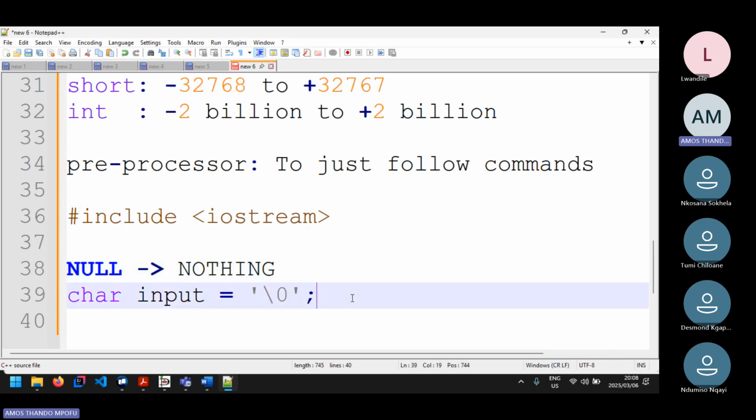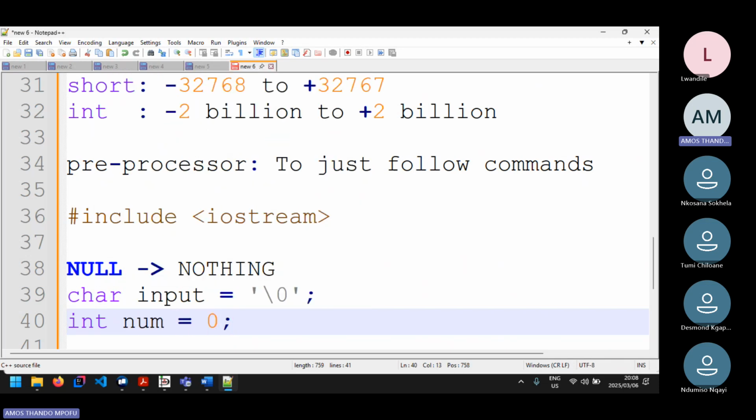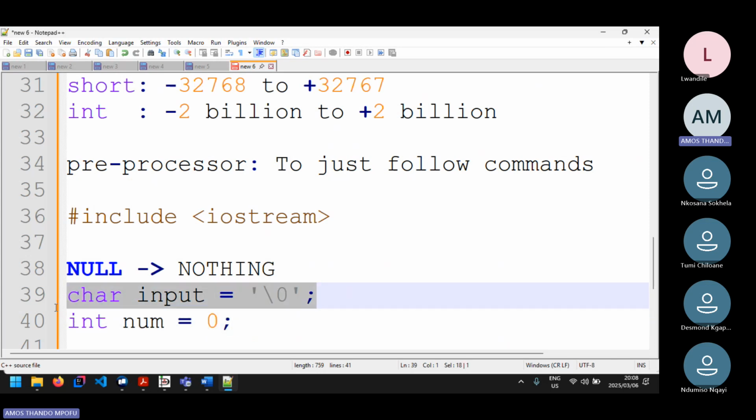It's equivalent to you making an integer, let's say int num, and initializing that integer to 0. So this is the equivalent of this, but in a char way, or using the char data type. You put in this. This is null. Don't confuse it. This is not a 0. It's called null. It is a special term or a special name for it.